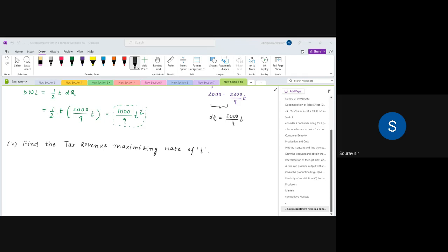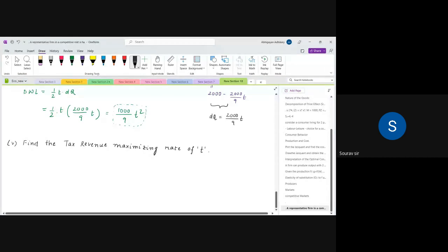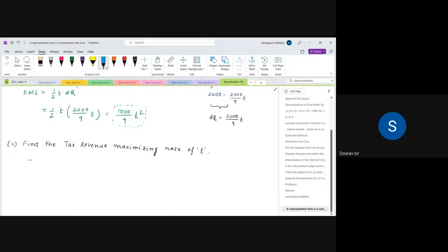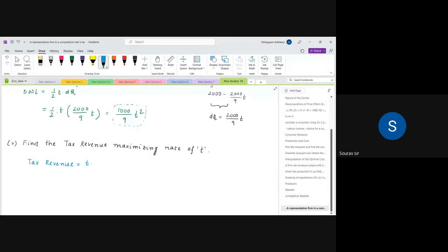Is it making sense? So tax revenue by definition is basically T into capital Q, where T is the per unit rate of tax and capital Q is the quantity sold in the market.